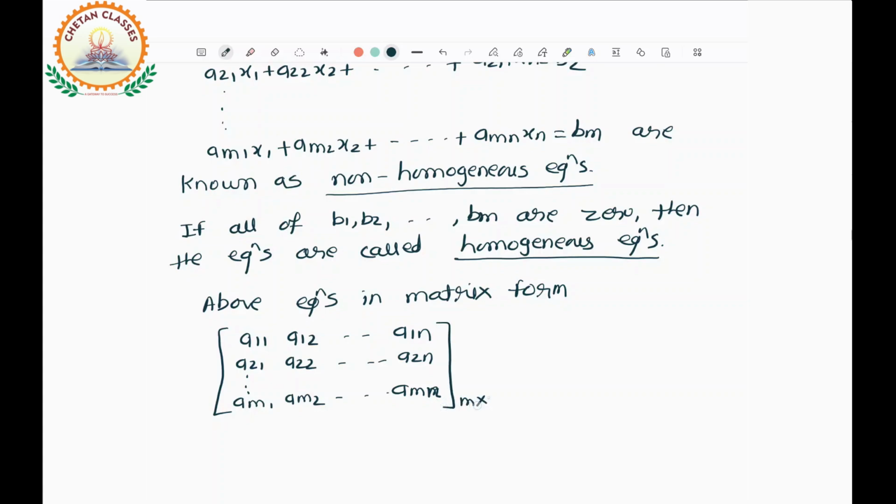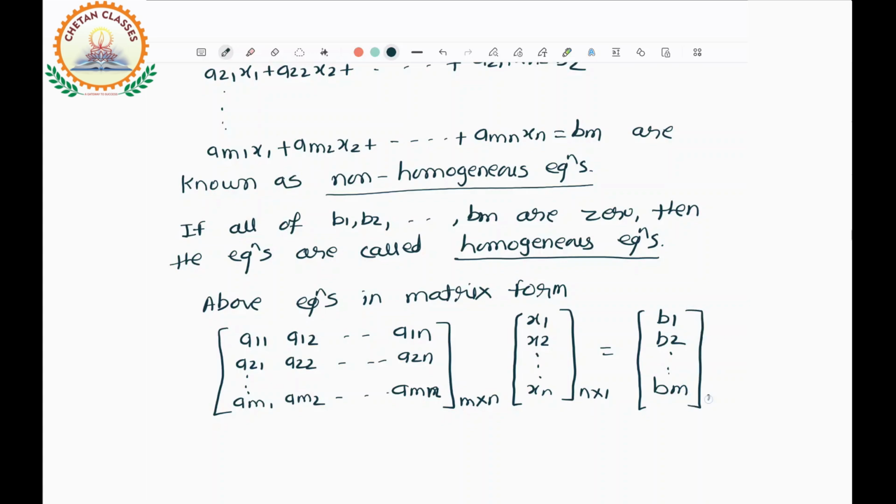This is the matrix of order m cross n. Our unknowns are x1, x2 up to xn. This is n cross 1 is equal to RHS, that is b1, b2 up to bm. This matrix is m cross 1.